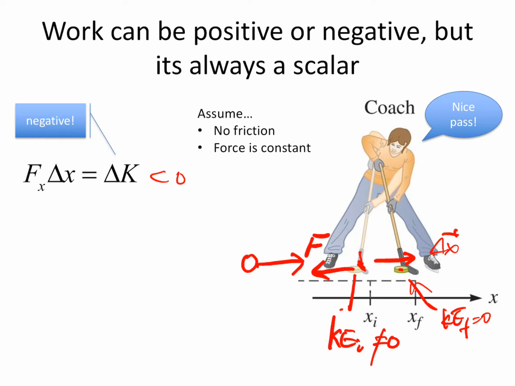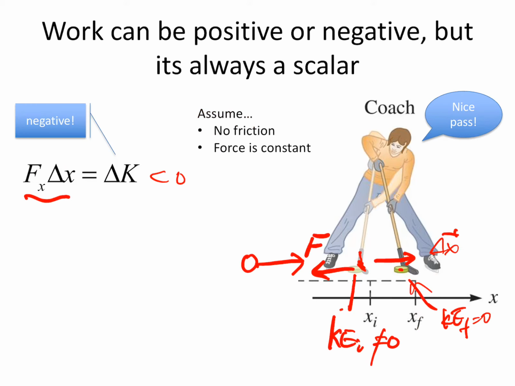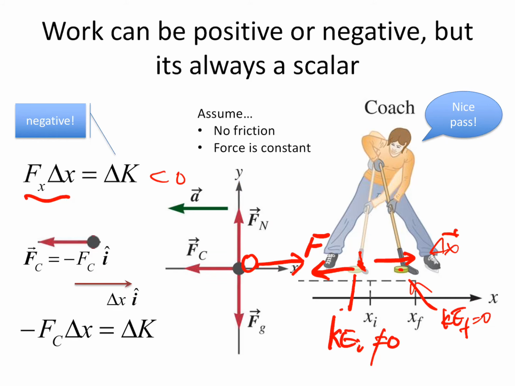In this case, she's doing negative work. If you go back to this one, you see force is in the same direction as displacement, so it is doing positive work. That this one she's doing negative work because the force is in the opposite direction of displacement. So work can be positive, negative, or zero, but it's always a scalar.